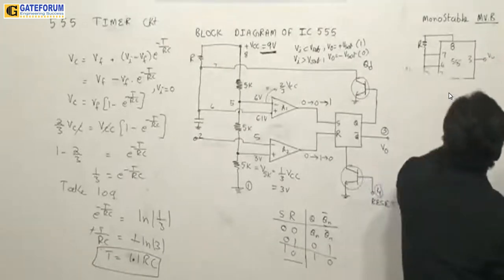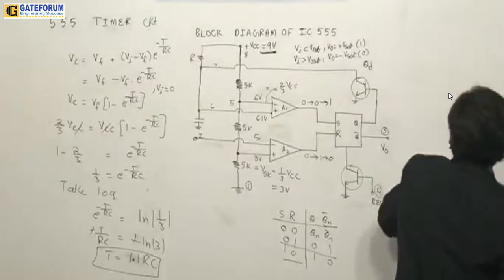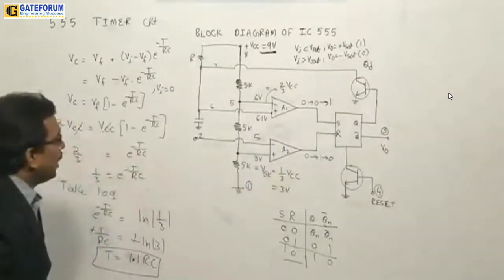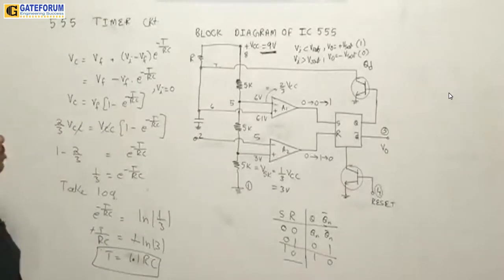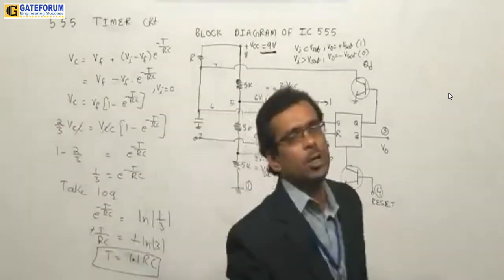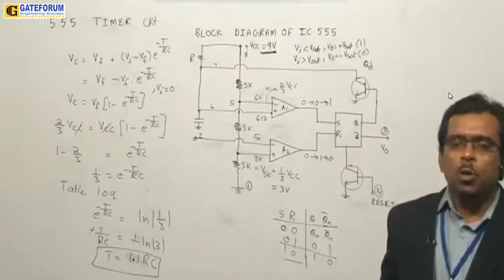I am erasing this output part. Now let us try to see the astable multivibrator circuit. Because the astable multivibrator is an oscillator circuit, for an oscillator we don't give inputs.